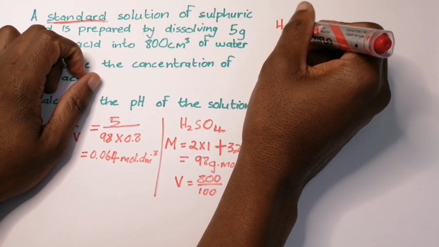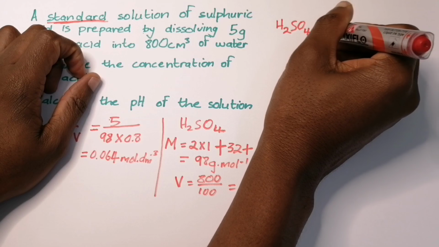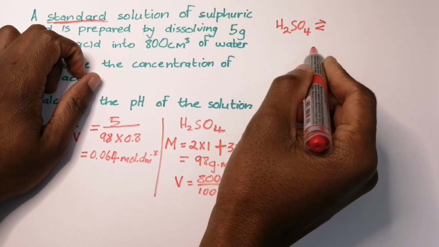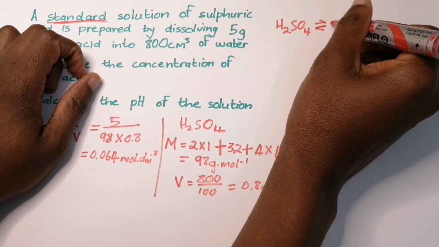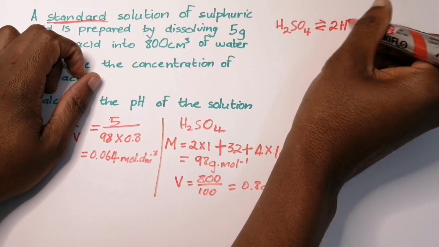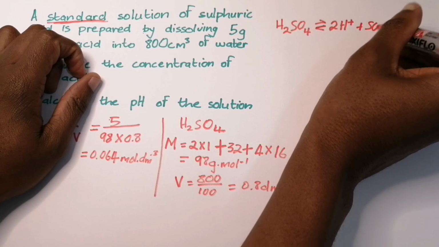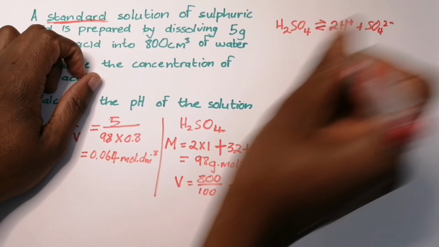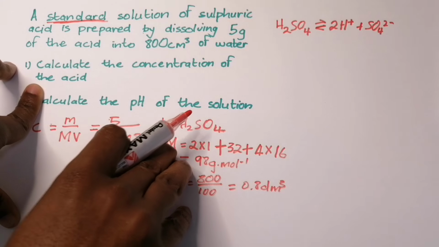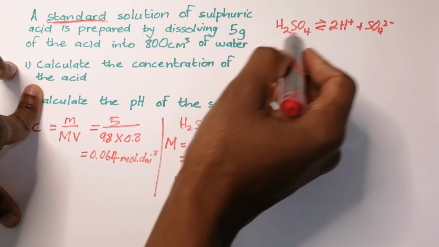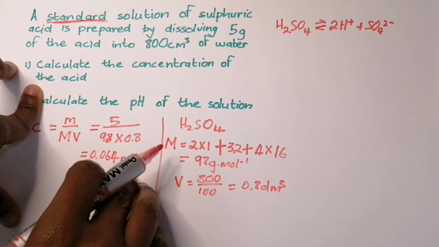Remember, how does sulfuric acid ionize? Remember what I just showed you. Sulfuric acid, when it ionizes, okay, these are half arrows, sorry, we said it is a diprotic acid, so therefore it will give me 2H plus, and I'm left with SO4 2-. This is very important for us to know. Because now I know the concentration of the acid, but I do not know the concentration of my hydronium ions.